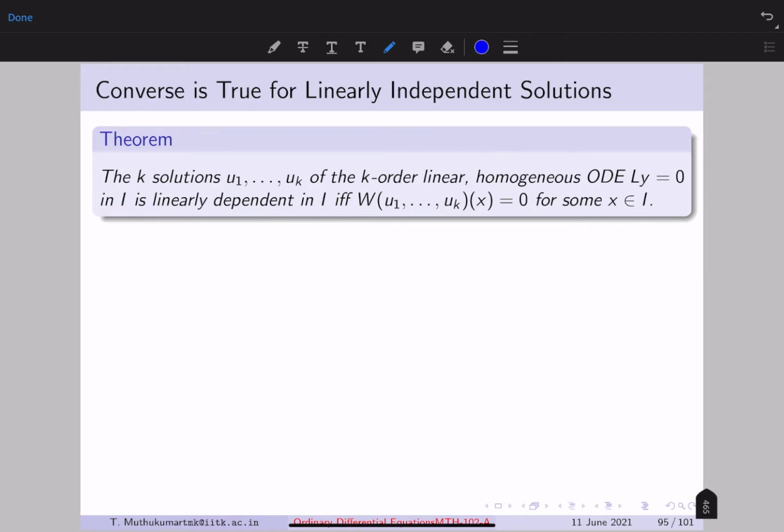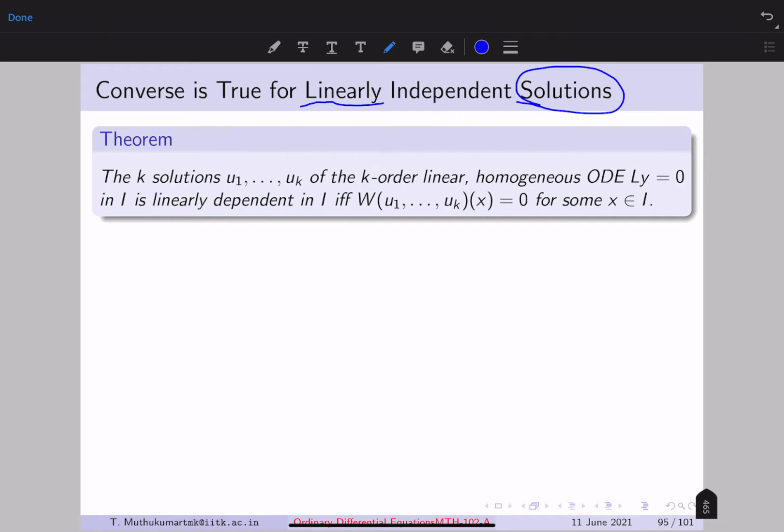But the converse is true if you have an additional condition that the two functions, or the k functions that you have, are solutions of an ODE. If you additionally impose that the functions are solutions of an ODE, then the converse is true. So the statement is here.